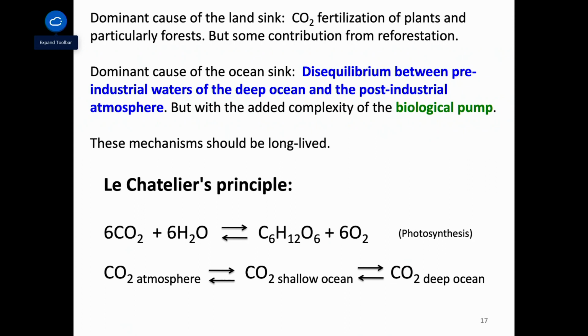Remember that story? So Le Chatelier's principle is operating in both of these cases. We're adding CO2 to this side, and so the right-pointing arrows dominate, and that's the sink. It's being transferred into the ocean, transferred into land. It's just Le Chatelier's principle. That's all you need to know about that.